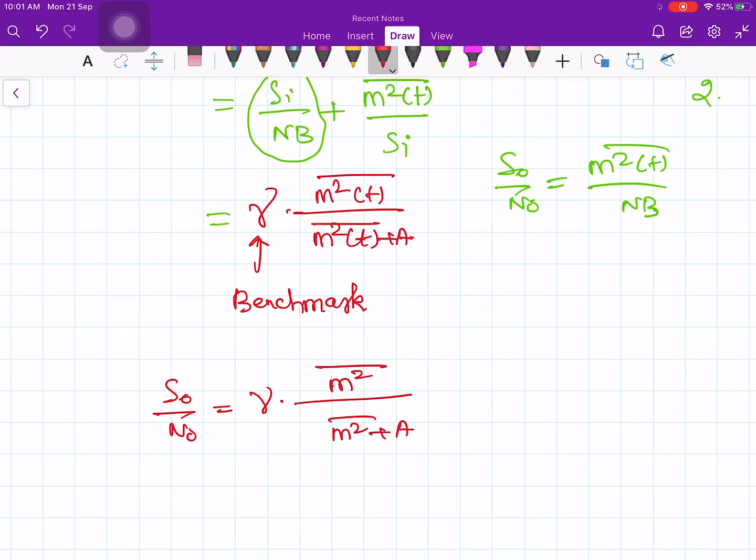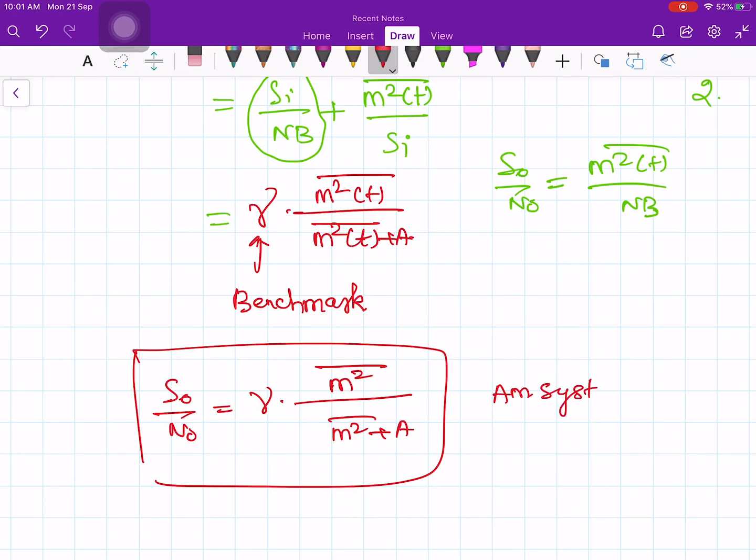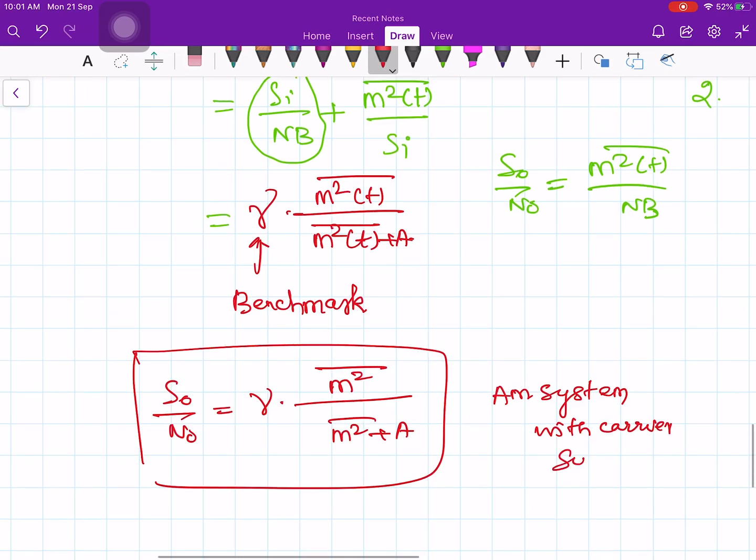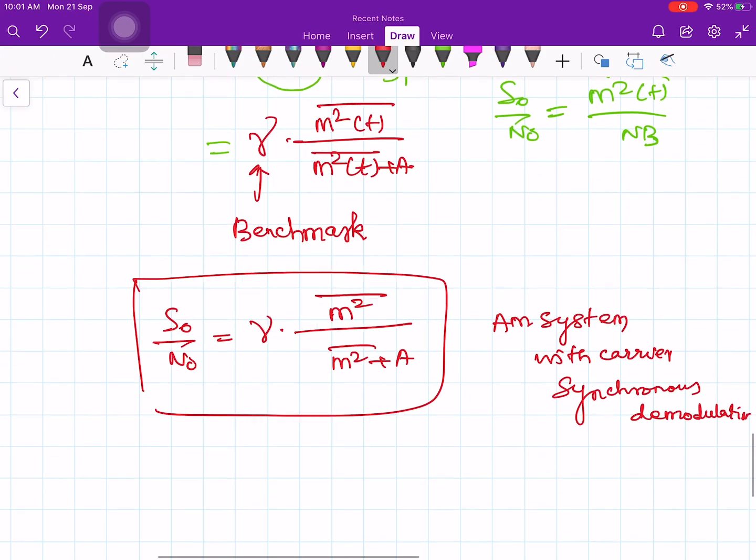Now this is the output signal to noise ratio of AM system with the carrier, and we did a synchronous demodulation. We didn't do envelope demodulation. It is synchronous demodulation. Now what do you infer from this? The output SNR is now smaller.